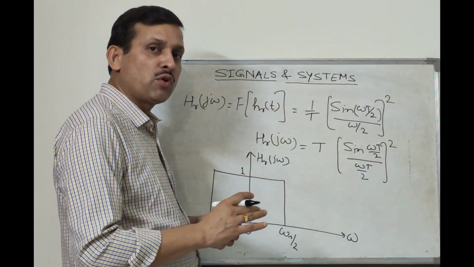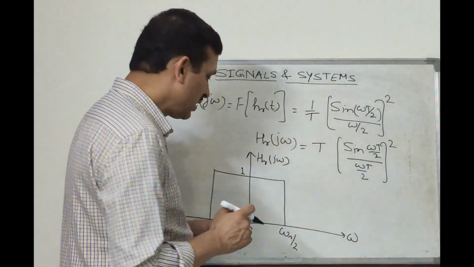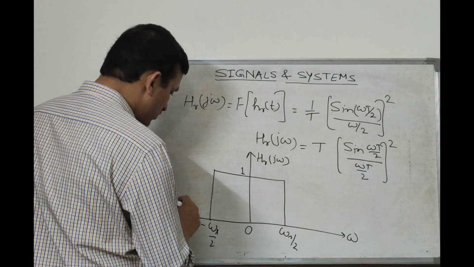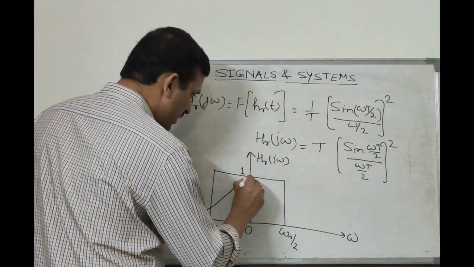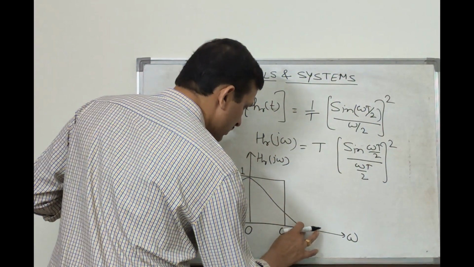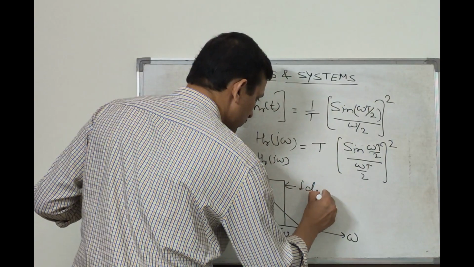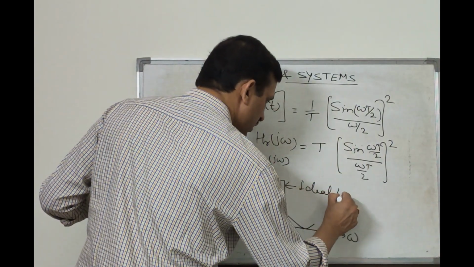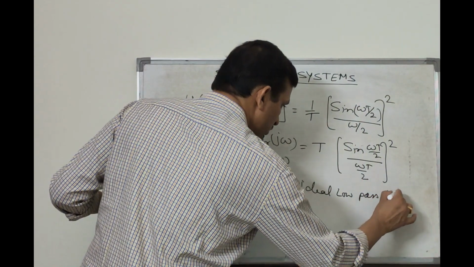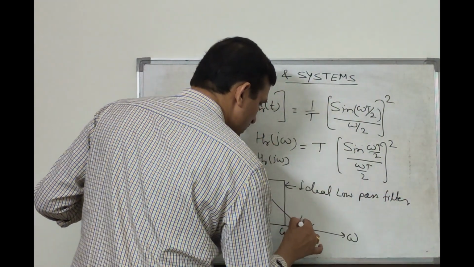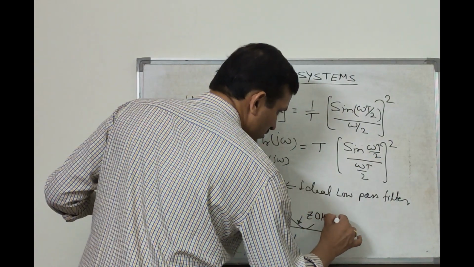Then what can we do? We can go for either zero order hold or first order hold. The zero order hold approximation we have already seen. If it is zero order hold, then it is something like this. This is the ideal low pass filter response, and this is the zero order hold response.